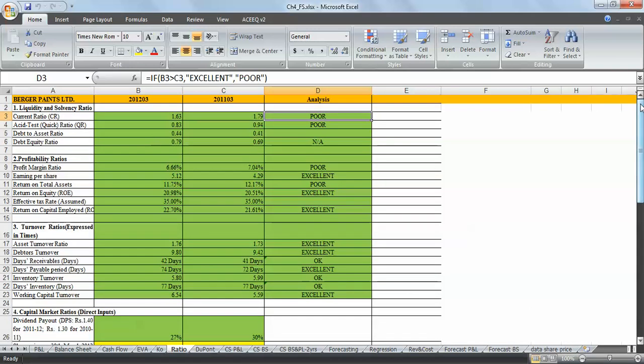One thing to note is that if we click here, you can see the formula. These are interlinked. The data for calculating the current ratio we fetched from here, the balance sheet.